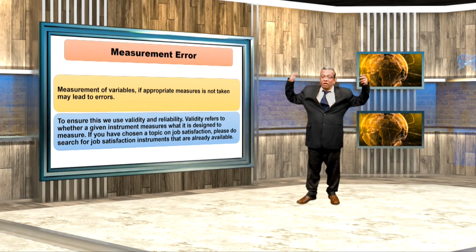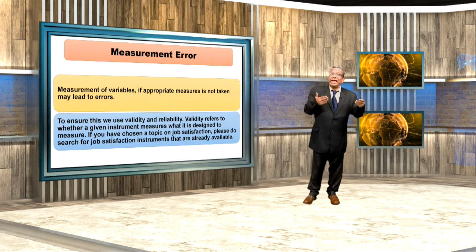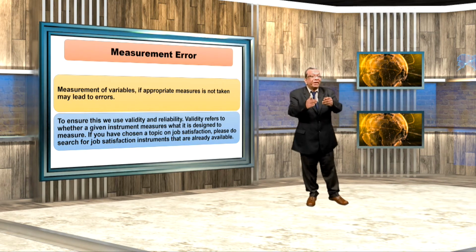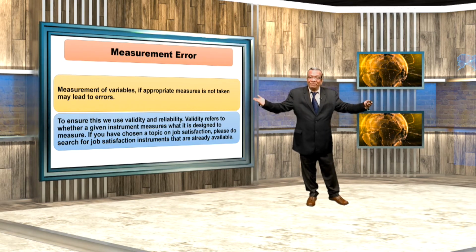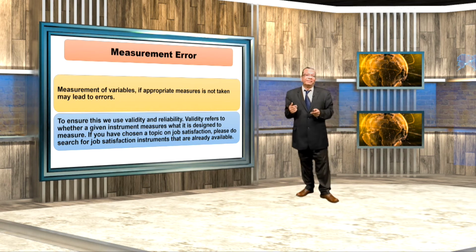If you are studying something, a very unique phenomenon, then it is better to design an instrument. On the other hand, if you already have this particular variable and that has been well studied, it is better to pick up those instruments that are already available for you to make a comparison.